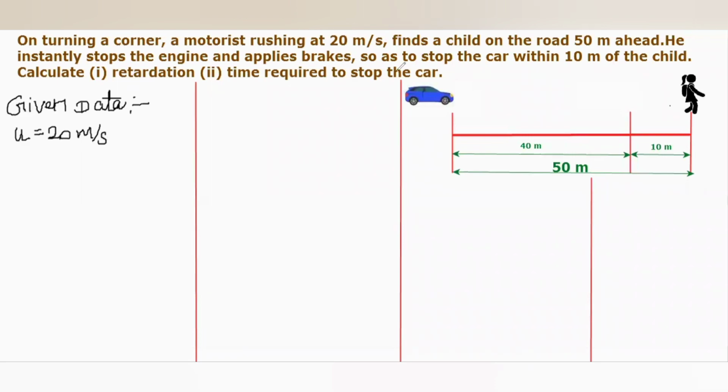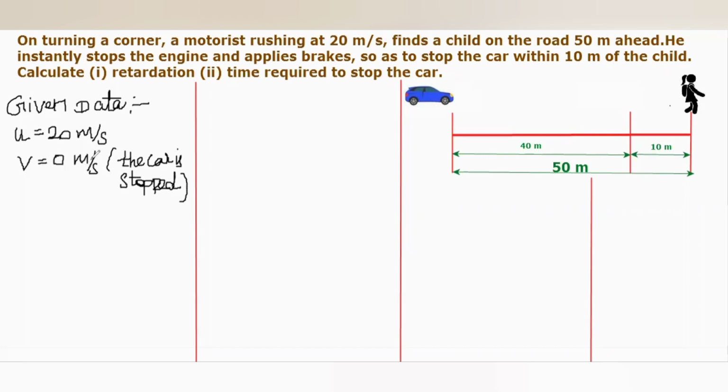And then instantly when he finds a child, he stops the engine and applies the brake. So finally the car will be stopped. So the final velocity of the vehicle will be 0 meters per second because the car is stopped.